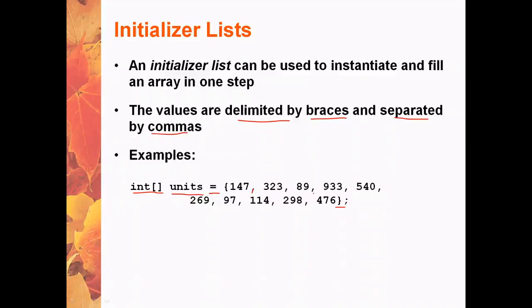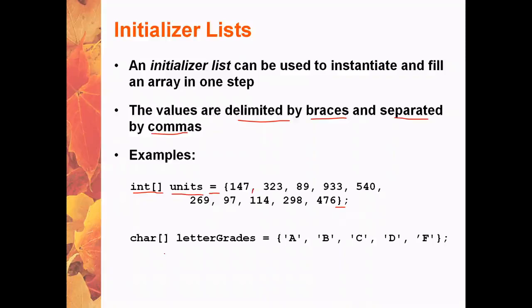This is how you can store values into an array variable at the time of declaration itself. This is called instantiating and filling an array, so initialization of an array. You can initialize an array by using this particular syntax.